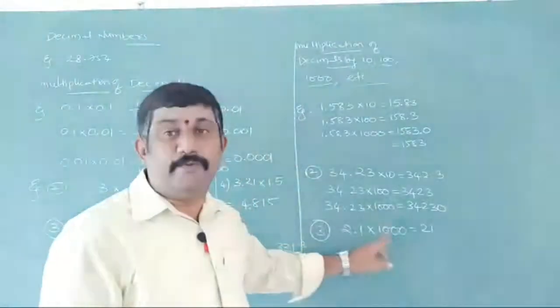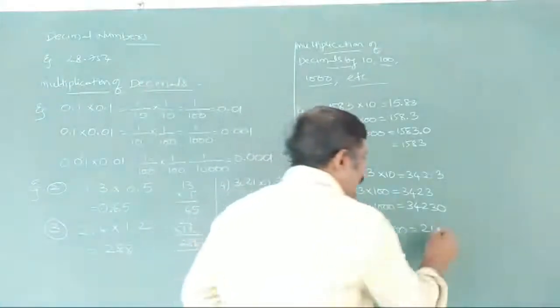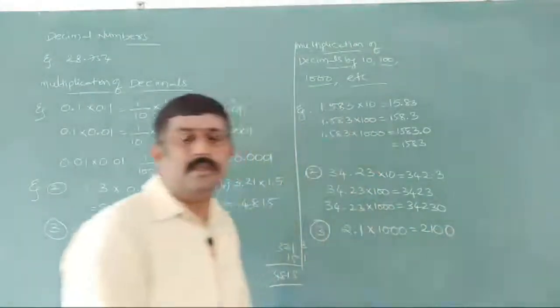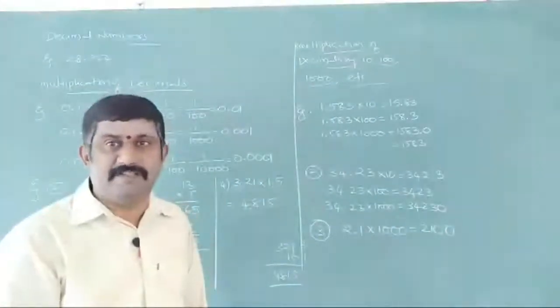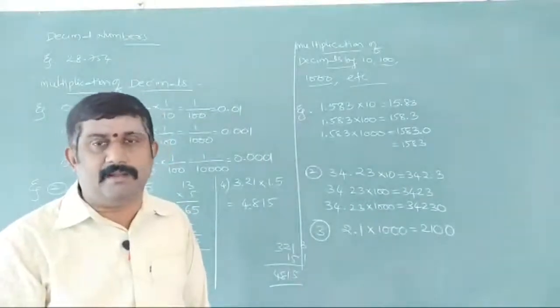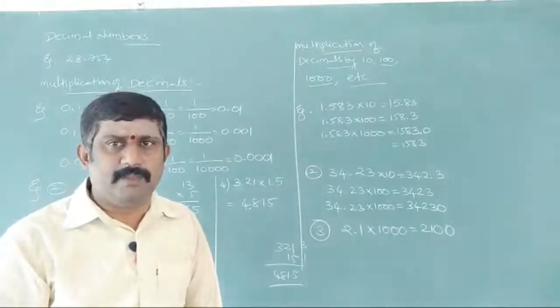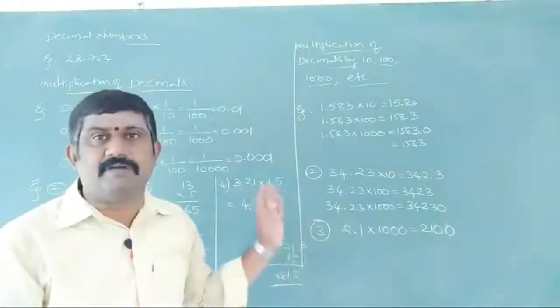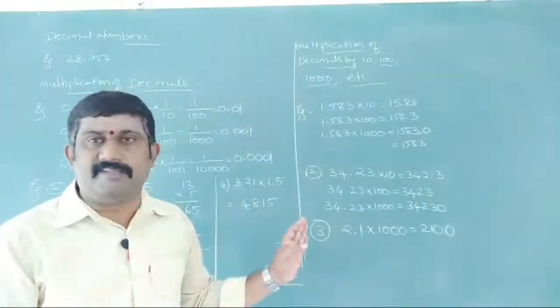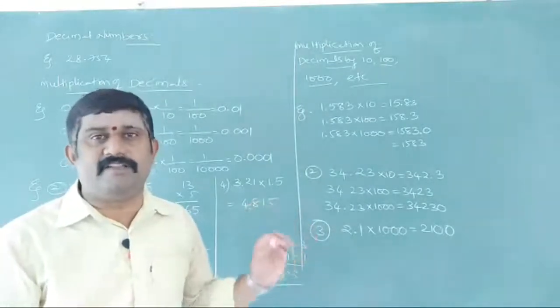Still how many do we have? 2 zeros. So keep those 2 zeros here. Like this, we have to do multiplication of decimal numbers by 10, 100, 1000, 10,000, whatever we need. So this is about multiplication of decimals. In the same way, we will discuss division of decimals also now.